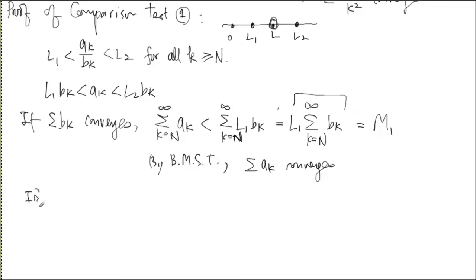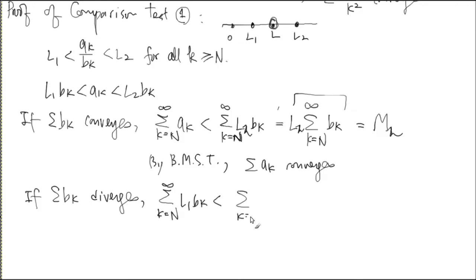Next one, what if we have this inequality and BK diverges? Then we use the first inequality, so BK pushes up. If you hit it with the sum from K equals N to infinity, L1 times the sum of BK is less than the sum of AK from N to infinity. I got this number wrong earlier, so I'm going to change that to M2. So the left-hand side is L1 times the sum of BK, K going from N through infinity.